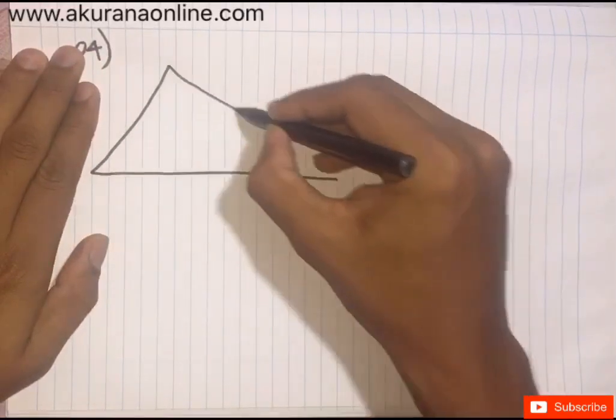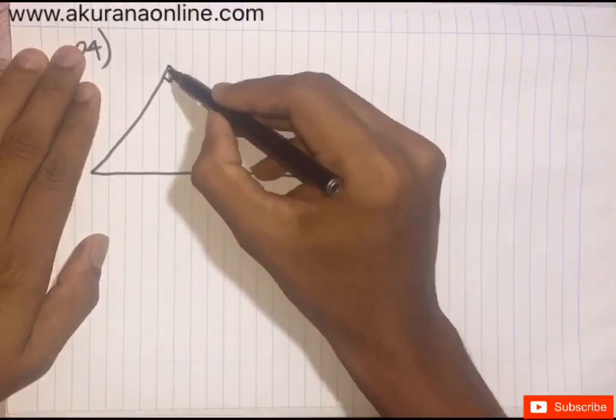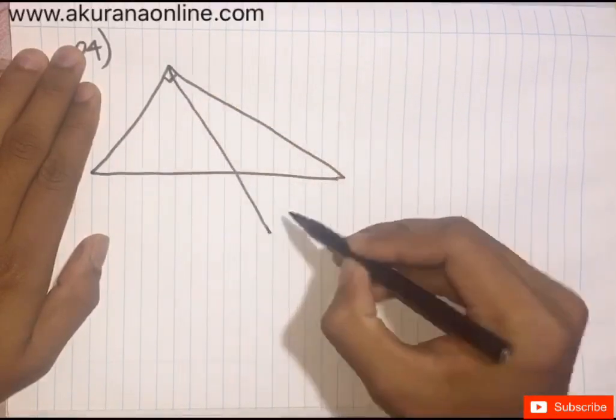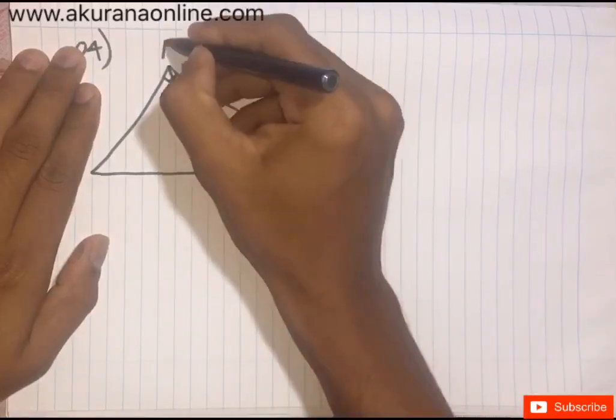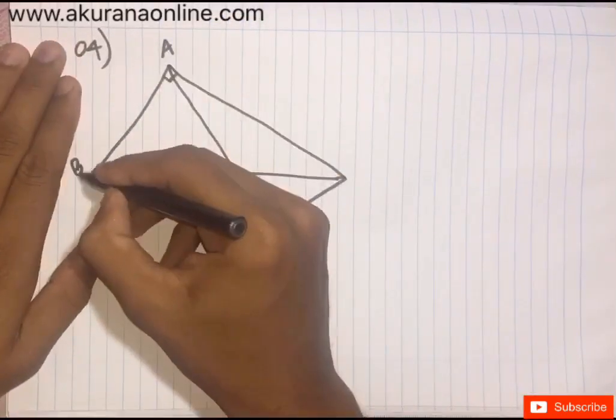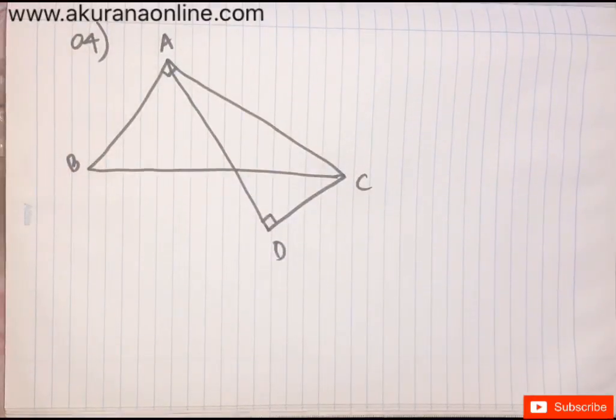This is a right angle triangle. They have given you this as 90. Also, there is a part down. This is also 90. And these are marked A, B, C, and D. The north direction is also marked, that is towards up.